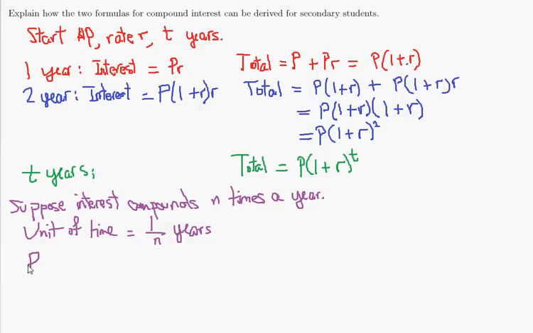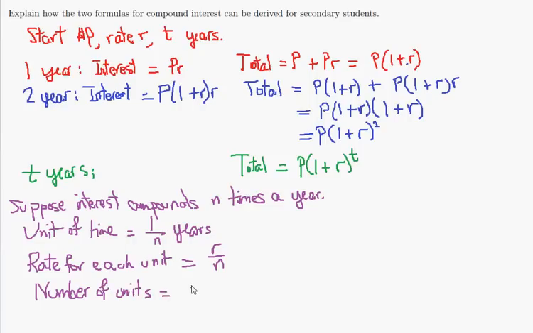So the rate for each unit is going to be equal to the total rate per year divided by the amount of time it takes, R over N. And the total number of units would be equal to the number of years times the number of times it's compounded per year.